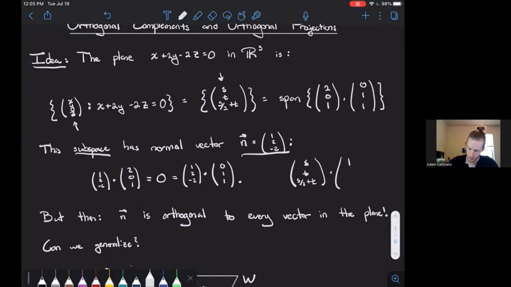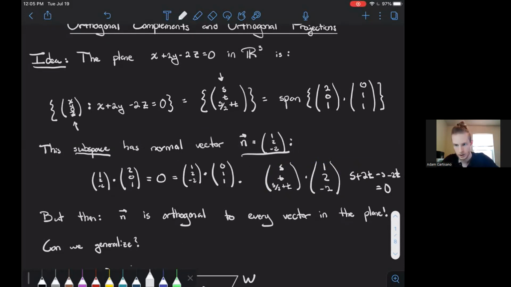Dot that with (1, 2, negative 2). We multiply component-wise and then add. So s plus 2t minus s minus 2t, which is precisely 0. Any vector in the plane, dot product with this one vector, and you get 0.